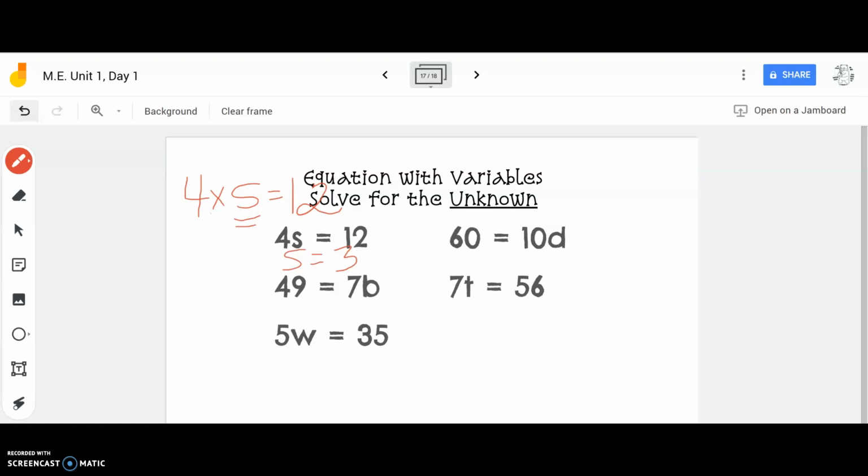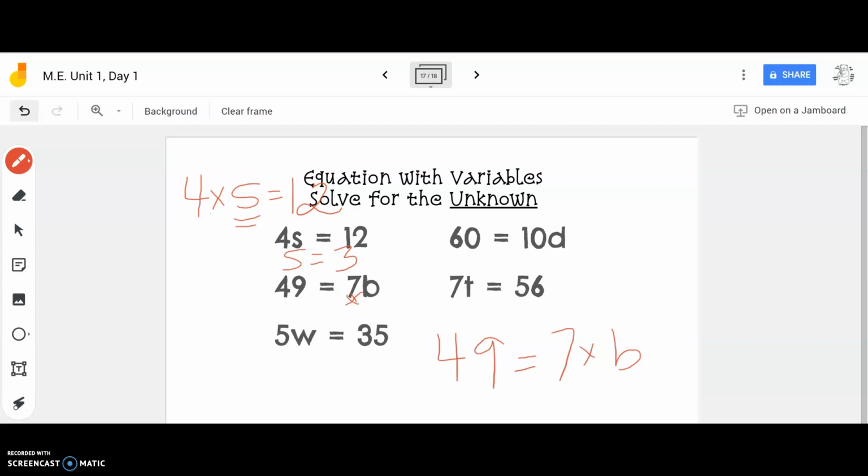Next one, 49 equals 7b. Remember, if there's nothing there, there is an invisible multiplication. It's hard to write really small on the screen. There's an invisible multiplication in the middle. So it actually says 49 equals 7 times b.